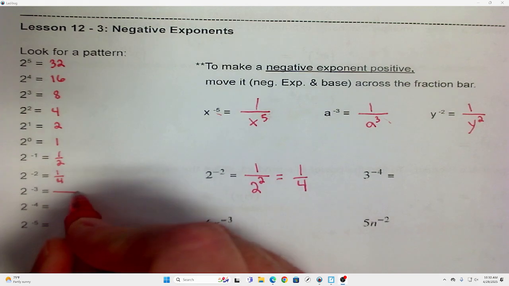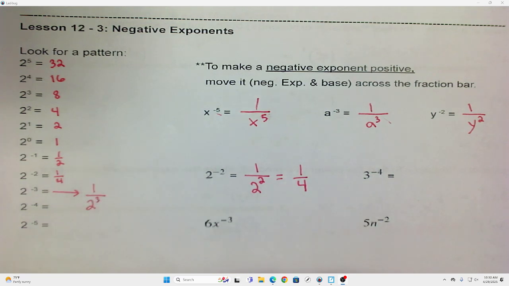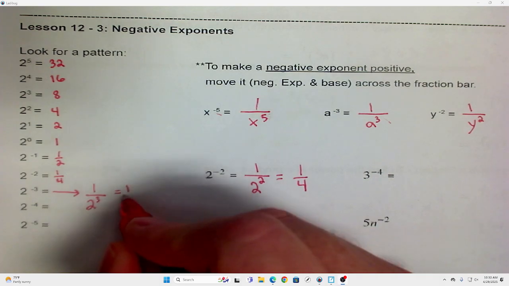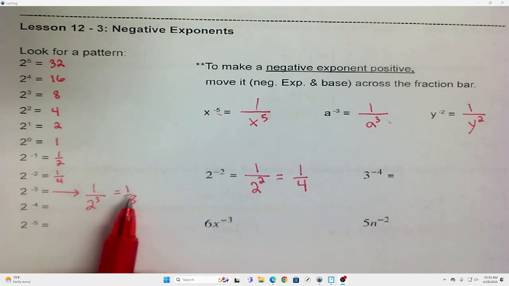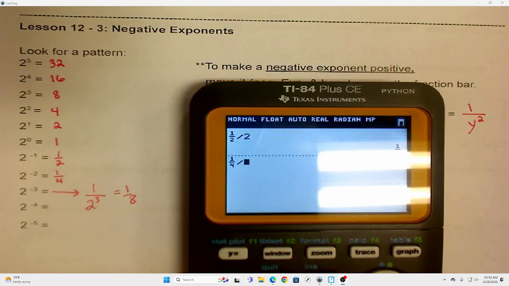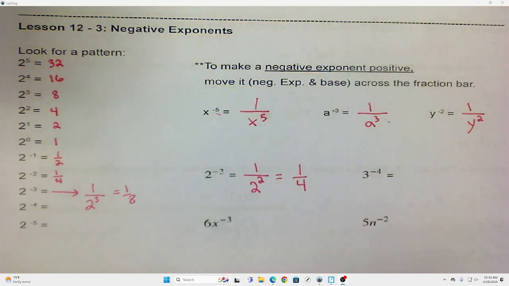Let's just put a little bit of space here, and let's put a 1 over 2 to the third power. And 2 to the third power is 8, so this would be 1/8. If I take 1/4 and divide it by 2, I should get 1/8. And there we have it. 1/4 divided by 2 really is 1/8. And it just keeps going.